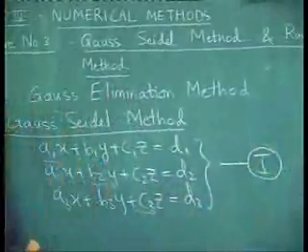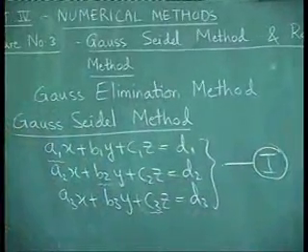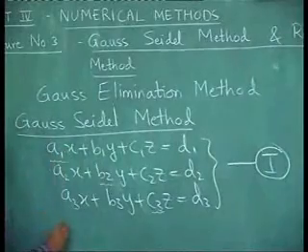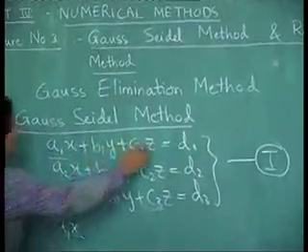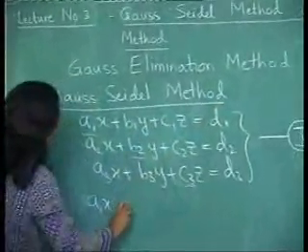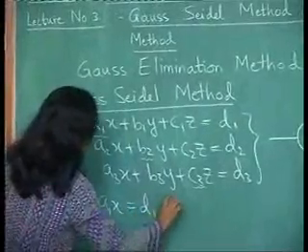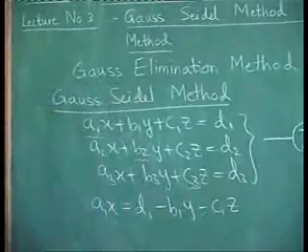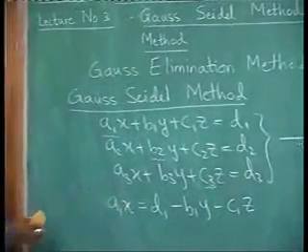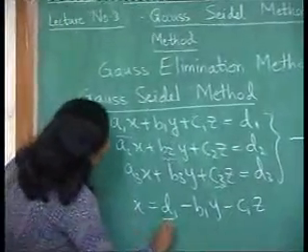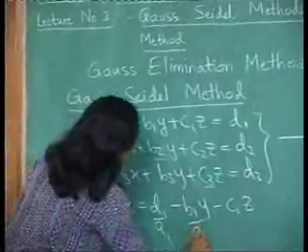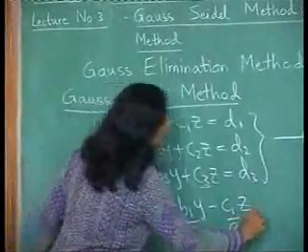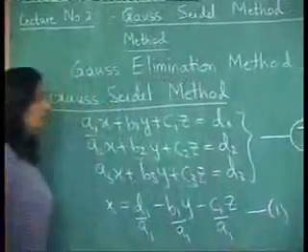So I am looking for an approximate solution to this system. As I said, in the first equation, let me transfer the other two terms to the right hand side. So I get D1 minus B1y minus C1z. Let me divide throughout by A1. So I get x equal to D1 upon A1 minus B1 upon A1 y minus C1 upon A1 z. Let me call this equation 1.